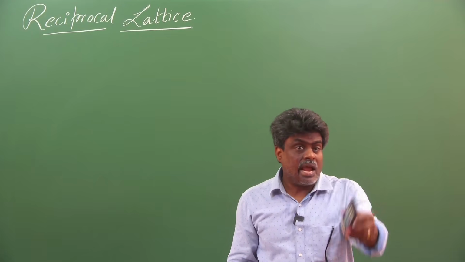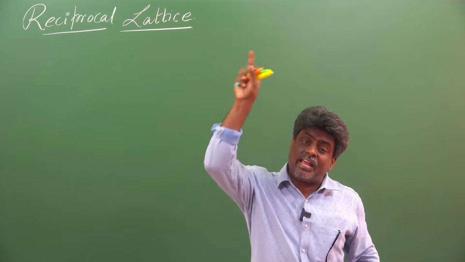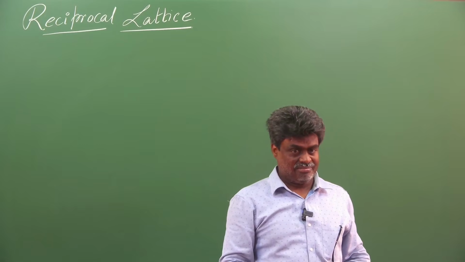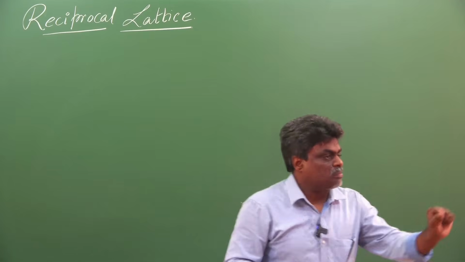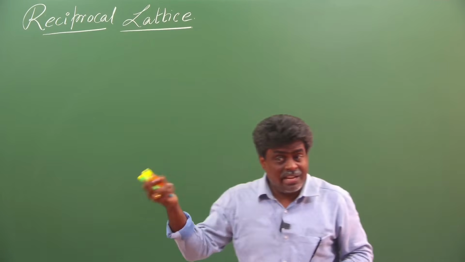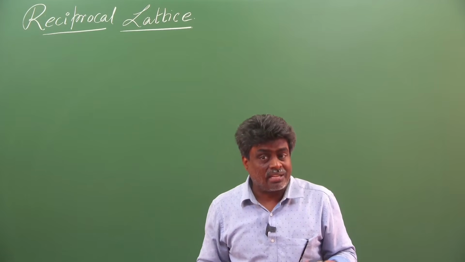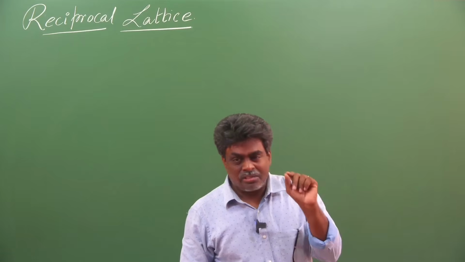How do you get a lattice? A lattice is an infinite array of points by translation vector. You are simply placing points. Is there any wave nature here? You are sending a wave to interact with points. Some logic is missing.